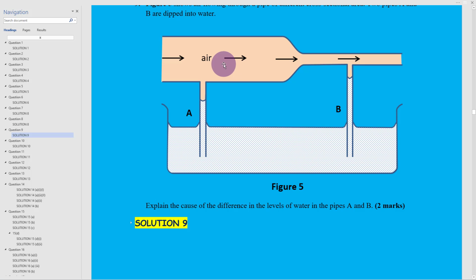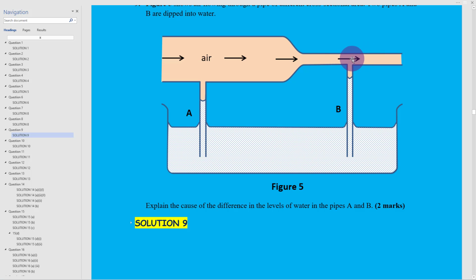Now, why is that the case? The speed of the air in this narrow tube is high because of the smaller cross-sectional area, but in this section of the tube, the speed is low because the cross-sectional area is big. Wherever fluids move with a high speed, pressure is reduced in that region.